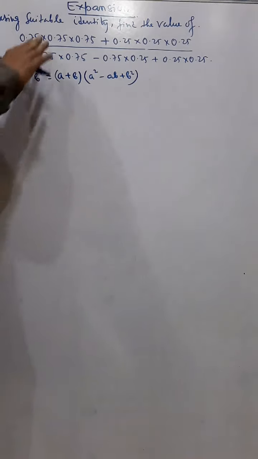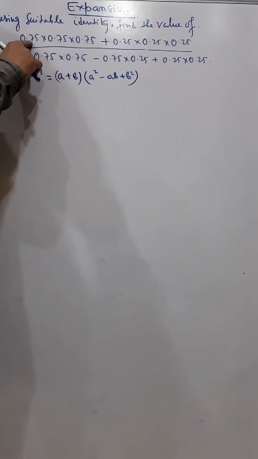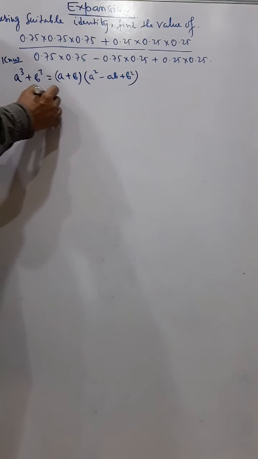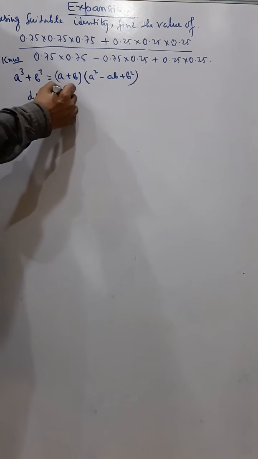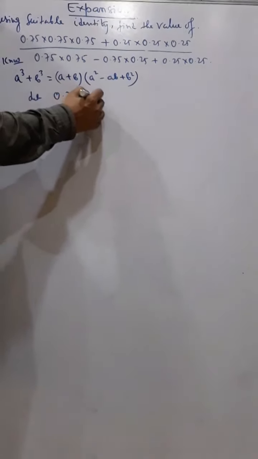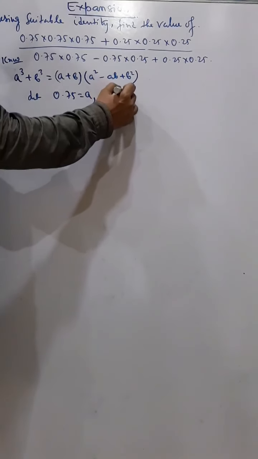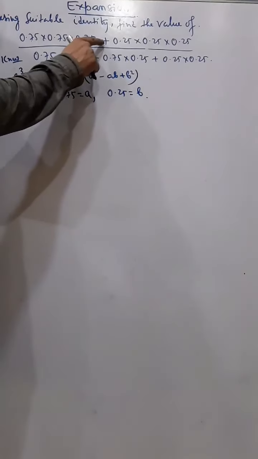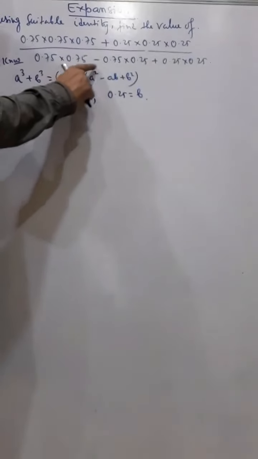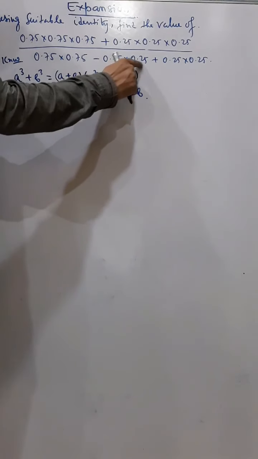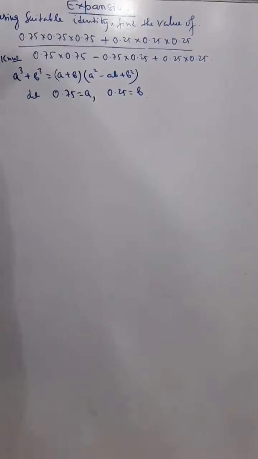Now if you look carefully, let 0.75 equal a, and take 0.25 as b. It is a cube plus b cube, and this is a square minus ab plus b square.